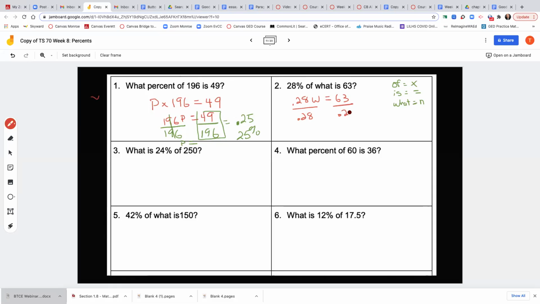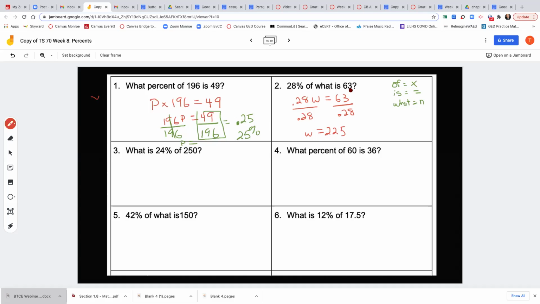Don't forget that it's 0.28. And I'm going to get W equals, real quick, 63 divided by 0.28 equals 225. And we're not asked for a percent. We're asked for the whole number.